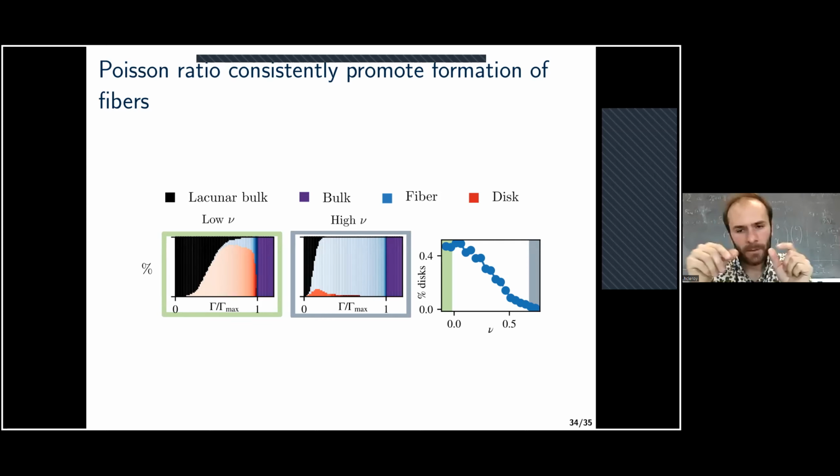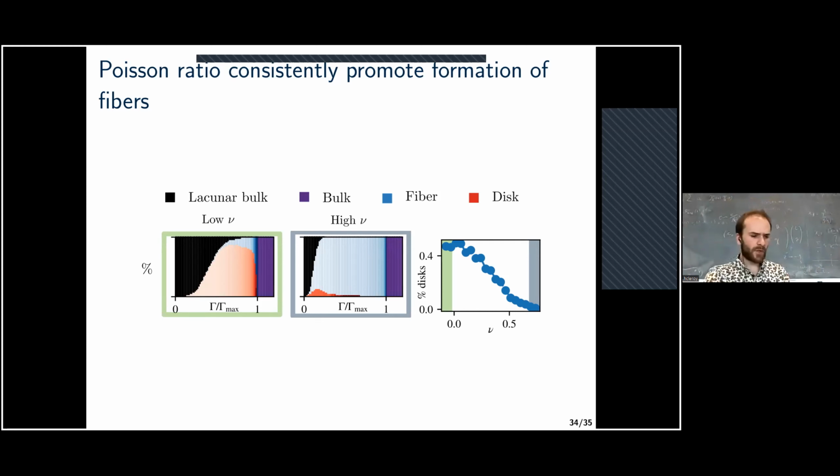And there are two lines, the green line and the gray line, and they represent what happens when we vary gamma on the left-hand side. So let's say that the right-hand side is the integrated-along-gamma equivalence of the figure on the left-hand side. So that's the last point to confirm that we still have this influence of the Poisson ratio.